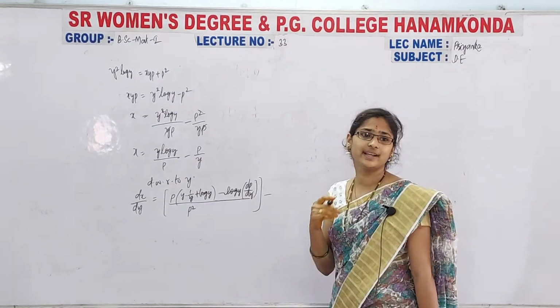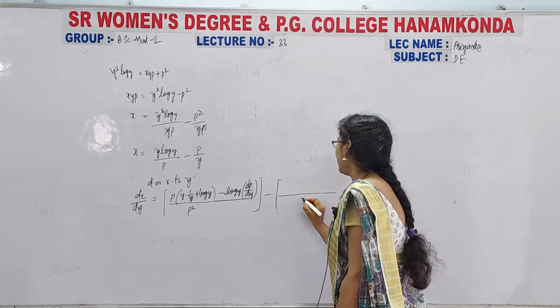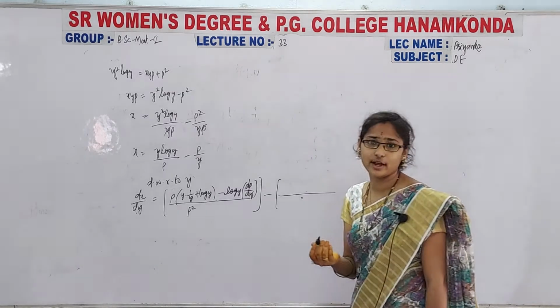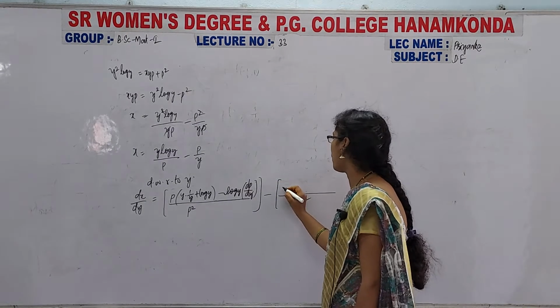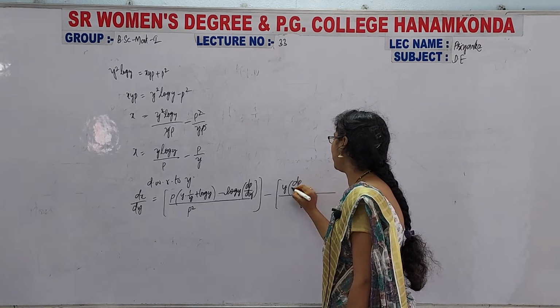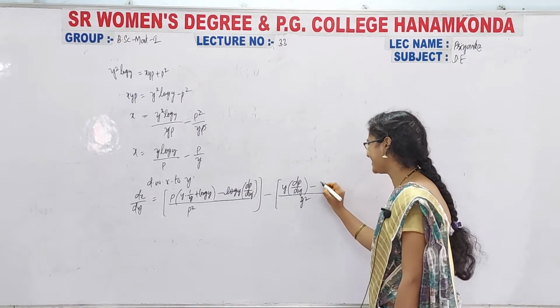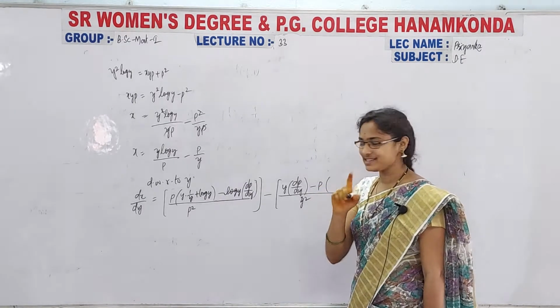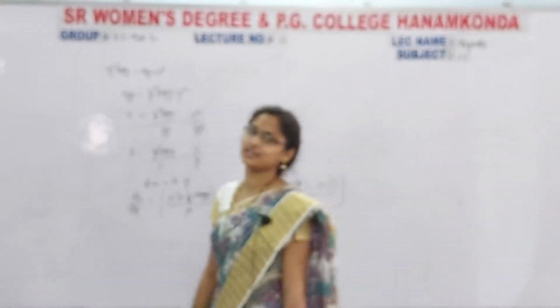Again it is nothing but in terms of u by v. So then what we get here, of course here with respect to y we are doing. So y square, and here we will get y of dp by dy minus, here what we get, p into y means it is nothing but with respect to y, so that's why we will get 1.